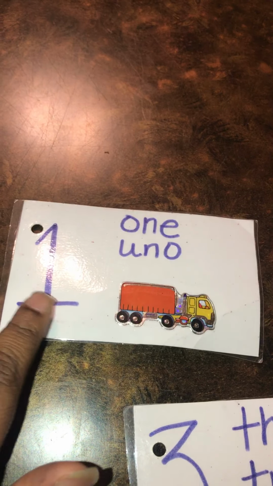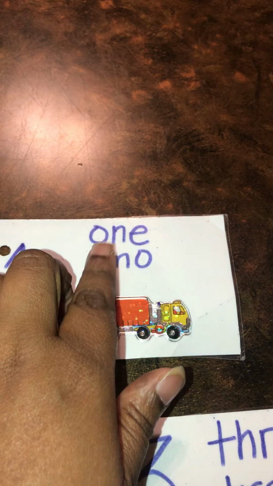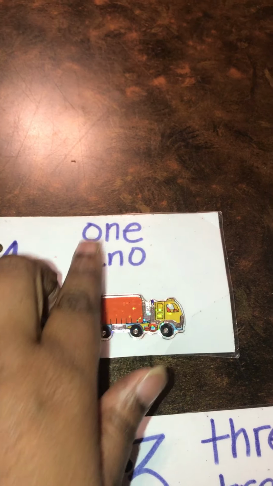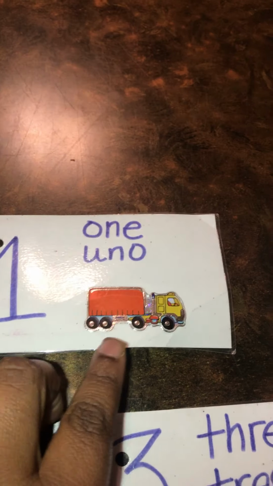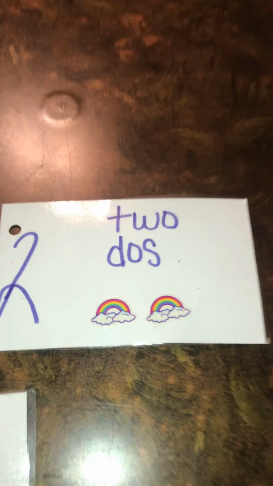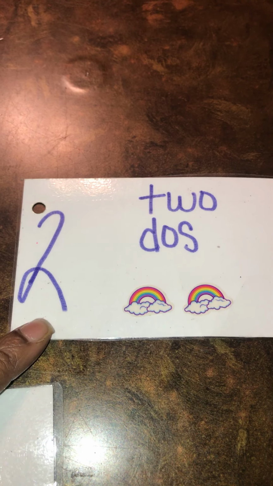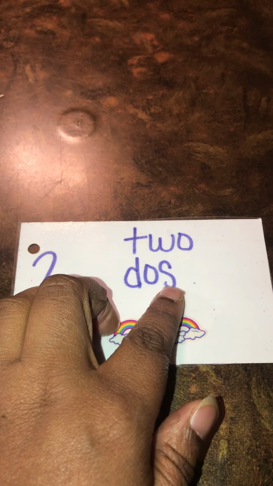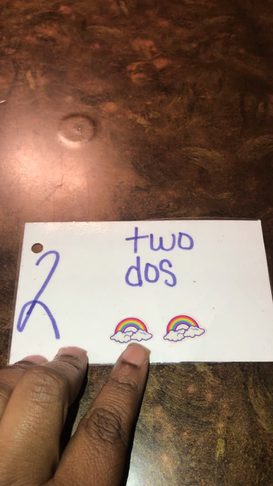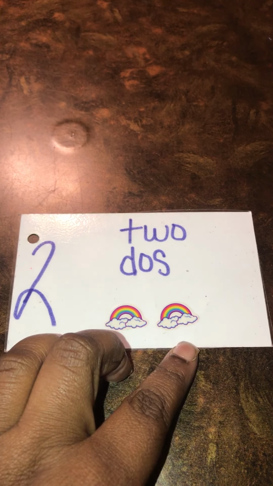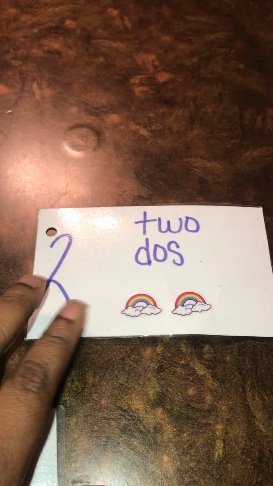So this is the number 1, which is spelled O-N-E, uno, and it has 1 truck. This is the number 2, T-W-O, which is dos in Spanish, and we have 1, 2 rainbows. Those are beautiful rainbows.